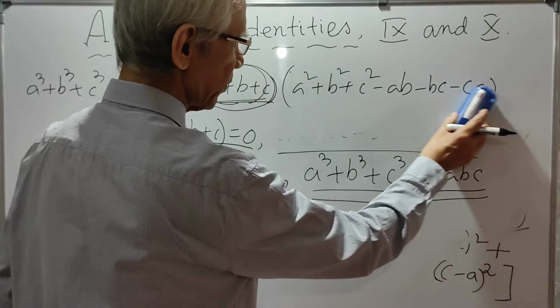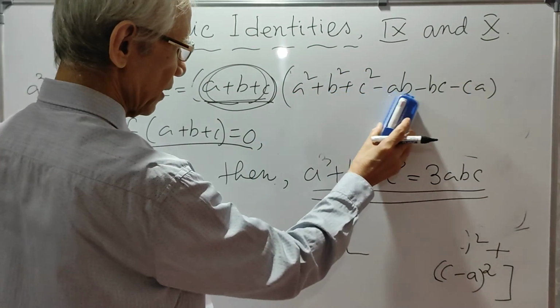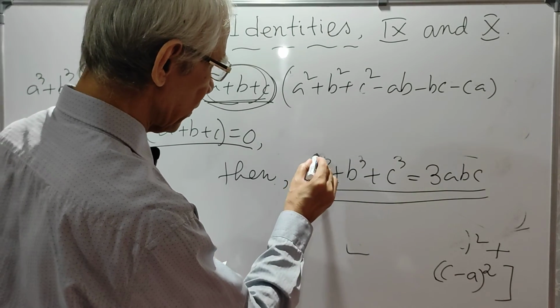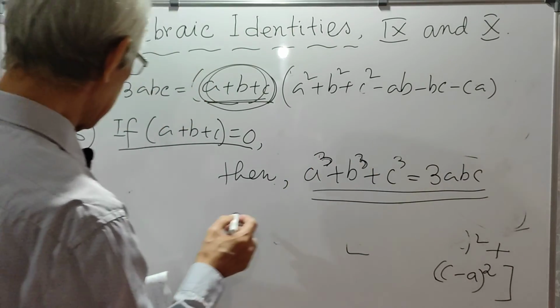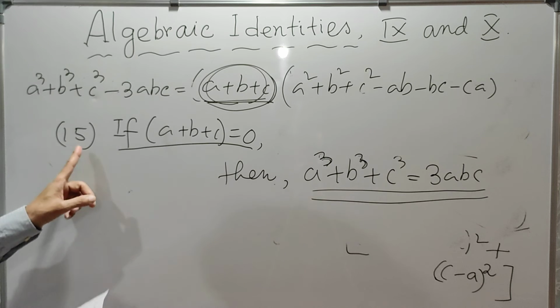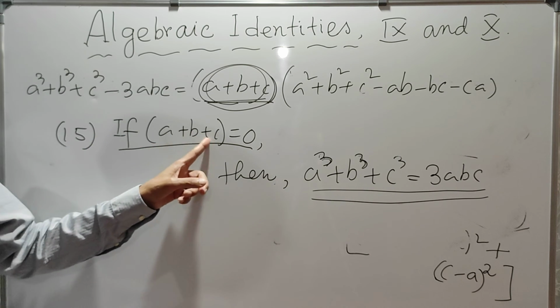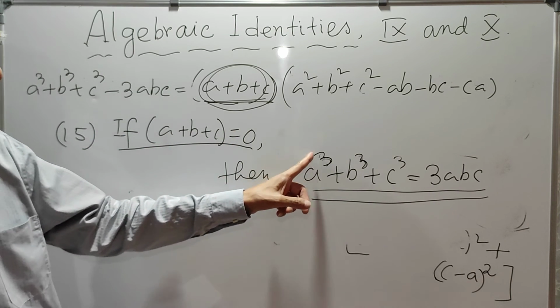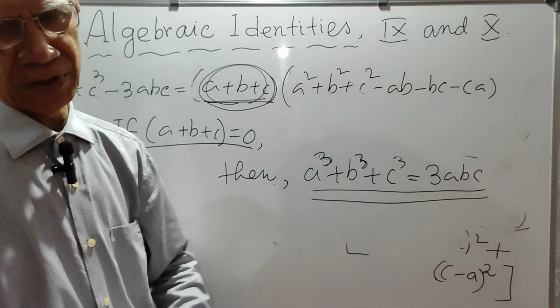So this is the 15th identity. All right. So let me show the whole thing. This is the whole thing. So what is the 15th identity? If a plus b plus c equal to 0, then a cube plus b cube plus c cube equal to thrice abc.